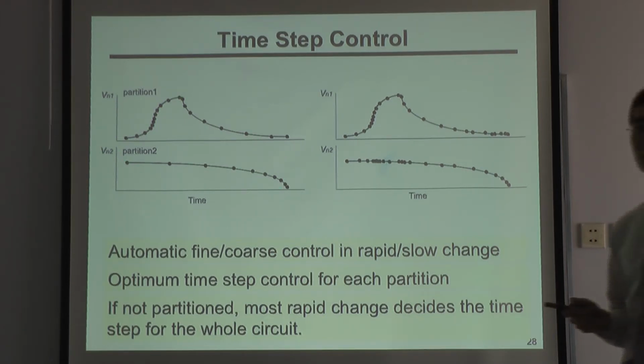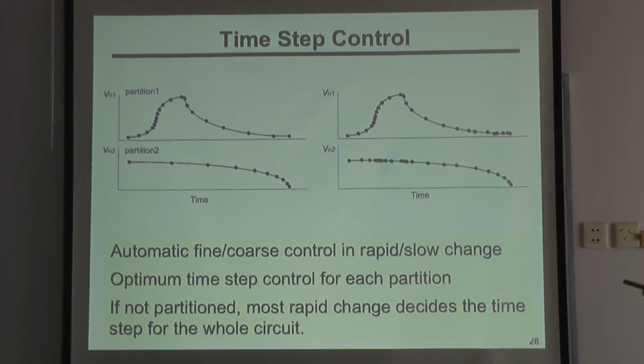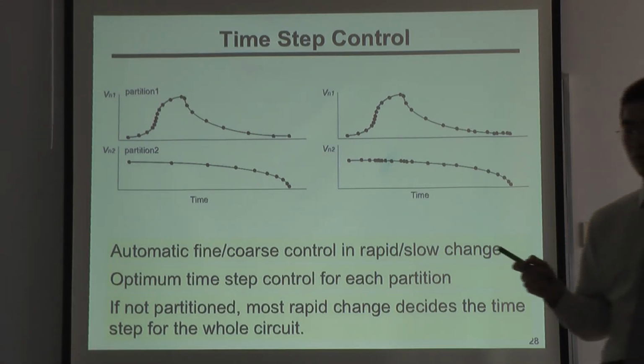So we can have different time steps for different partitions. But for Spectre, it does not partition, so if one part has to change, the other blocks change in the same time control step.